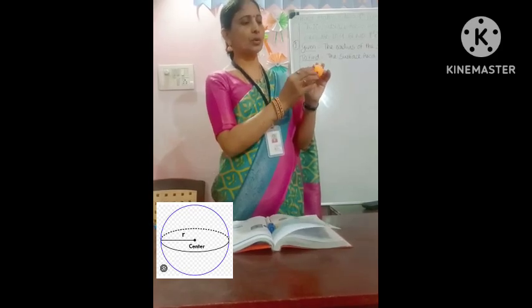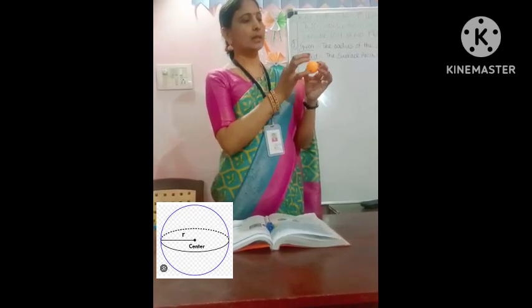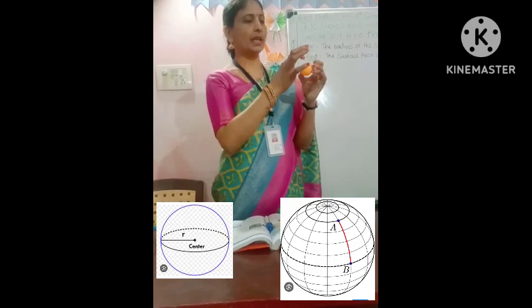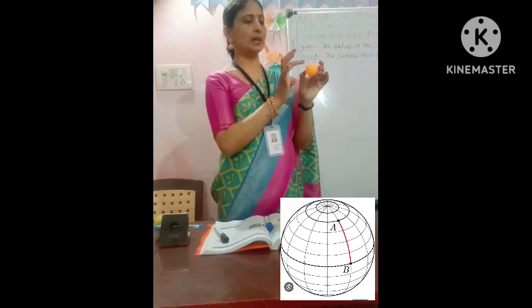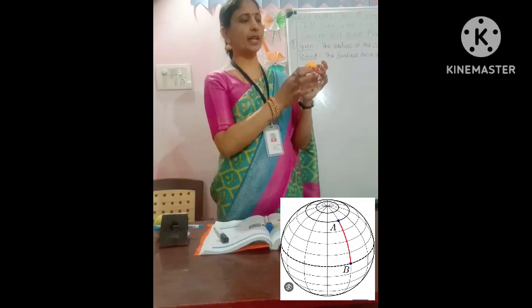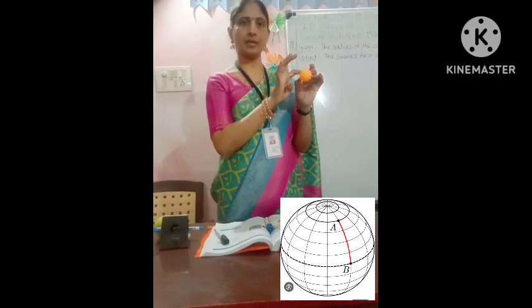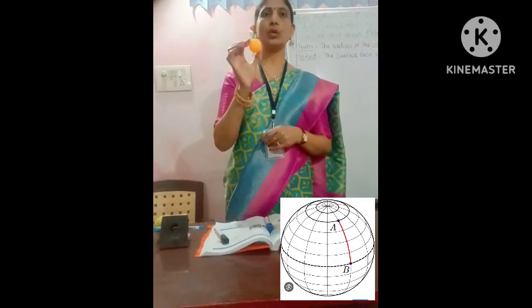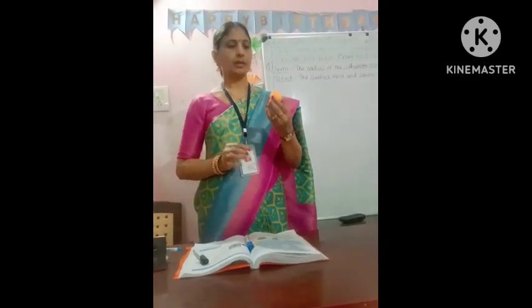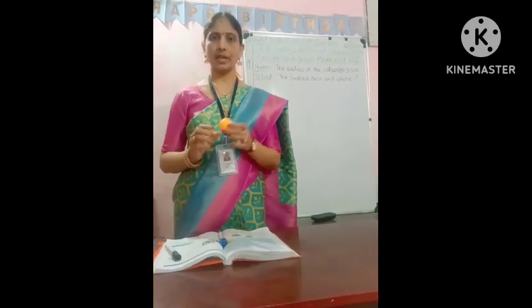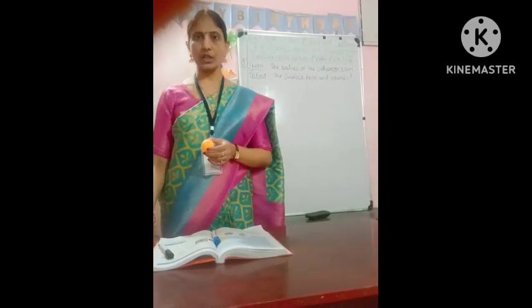The distance from the center to any point on the surface of the sphere is the radius. A sphere has no vertices and no edges. A globe is one example of a sphere.